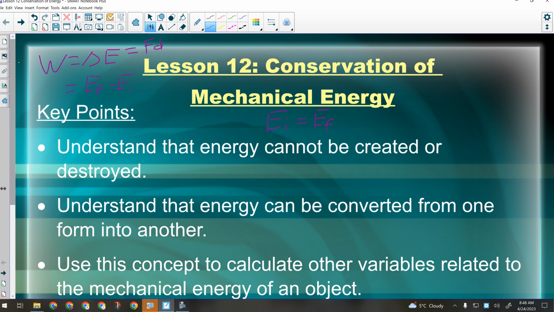Energy is always lost when energy is converted from one form to another. And that's usually because of what force? Friction. Because friction's always there. Something is always going to cause some energy to be lost. So we talk about this from a fundamental perspective.